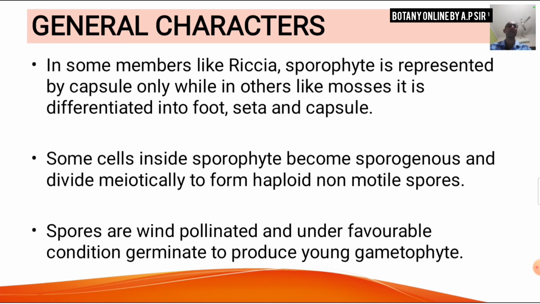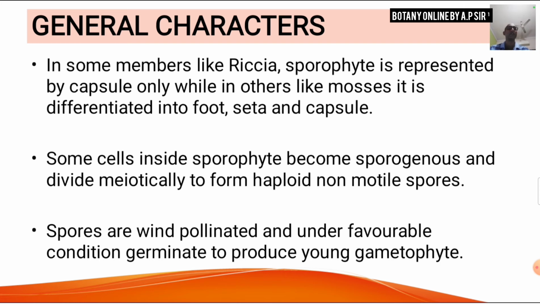Meiosis takes place and non-motile haploid spores are formed. These non-motile spores are dispersed with the help of wind, and under favorable conditions they germinate to produce a young gametophyte.